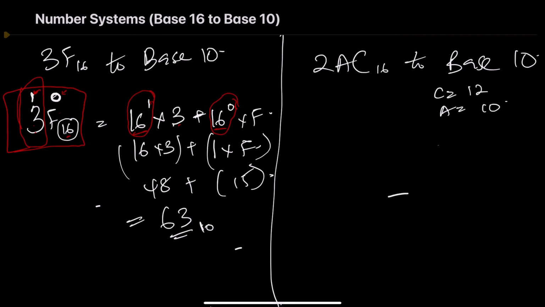So when we start, we say 2AC, and then we say 0, 1, 2, right? And in this 0, 1, 2, what we are doing is saying this is 16, and we take this 16 raised to the power 2, and then we put a plus, and then we say 16 raised to power 1, plus 16 raised to power 0.